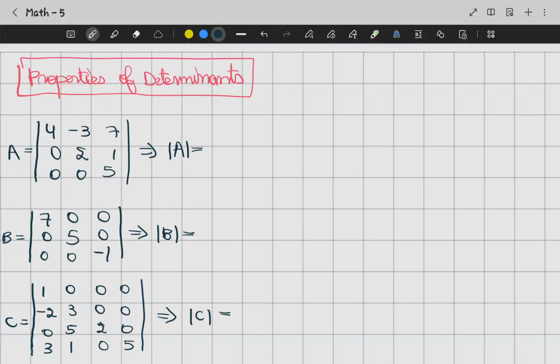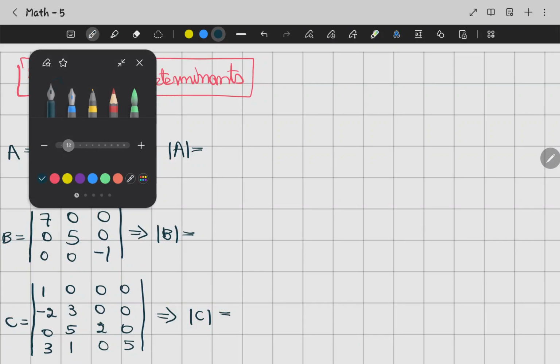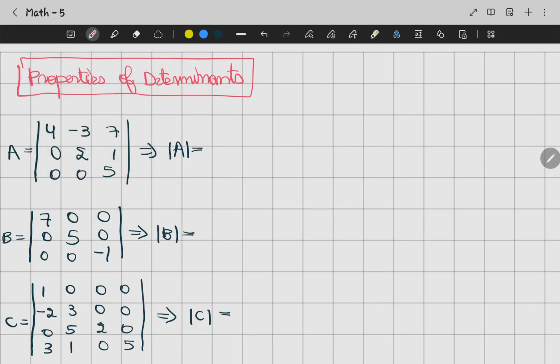We need to solve this and apply some properties of the determinant. What you can see here are triangular matrices or diagonal matrices. This one is a diagonal matrix, and this one is also a diagonal matrix. So we're going to find a way to solve this.